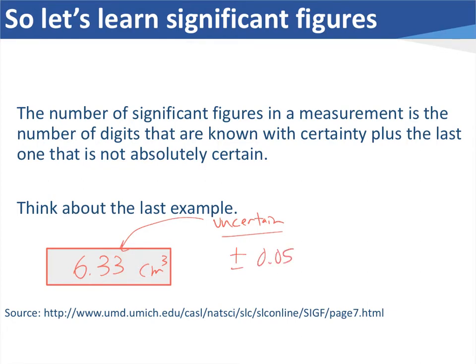Even if you go back 2 slides to the mass, that mass was 125.30, and even this 0 is uncertain because that balance would have an uncertainty of plus or minus 0.01. So that last digit is not known with absolute certainty. Significant figures tell us how precise our measurement is, and with an uncertainty we can also know the range of that uncertainty.